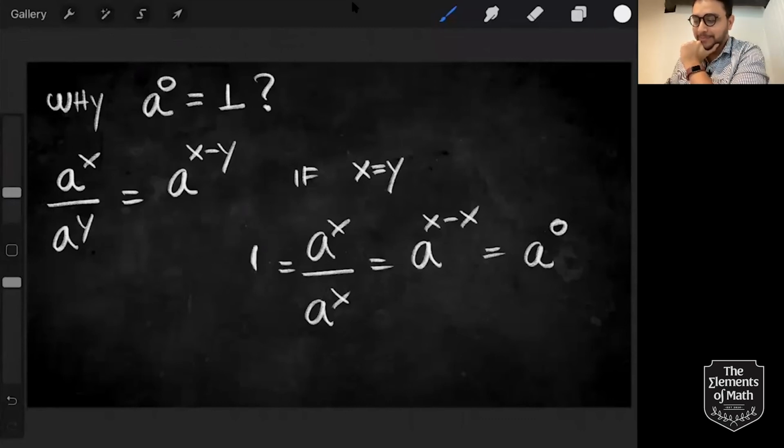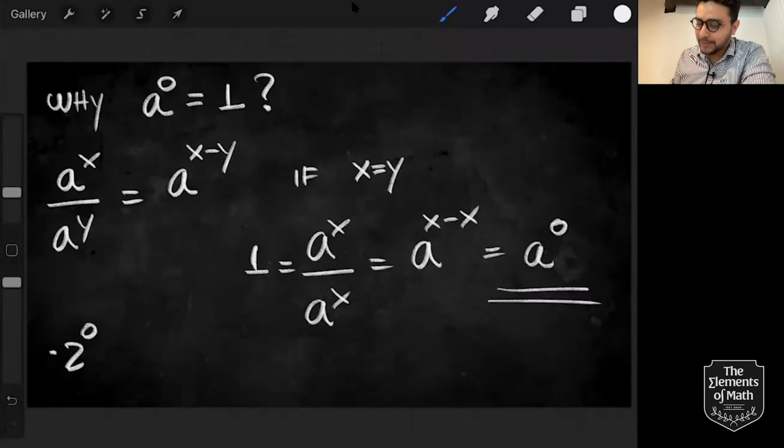Great, so a to the power 0 is exactly a to the power x over a to the power x. But the same value over itself is 1. So it doesn't matter which kind of positive constant different than 1 I pick, at 0 it is always going to be equal to 1. What's going to happen when I have 2 to the power 0?